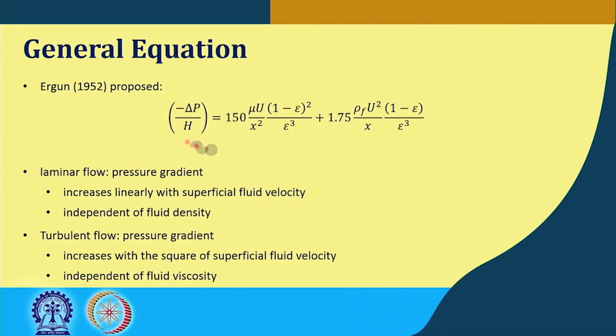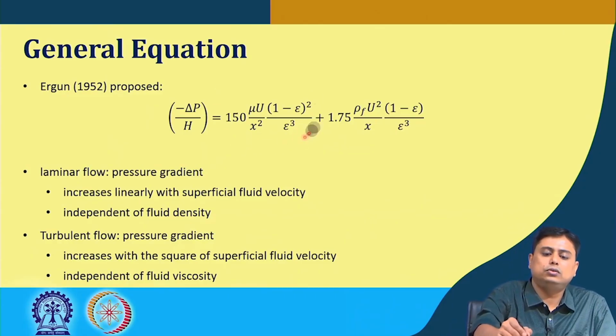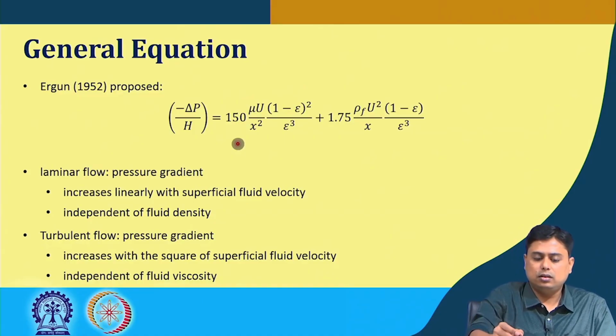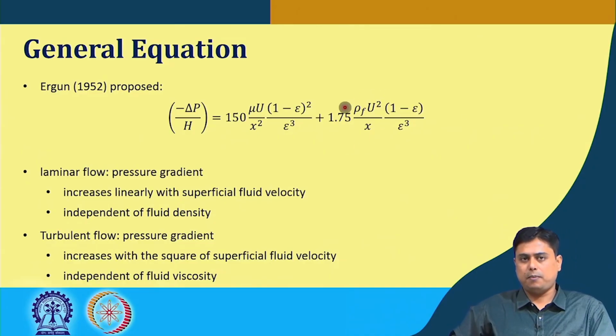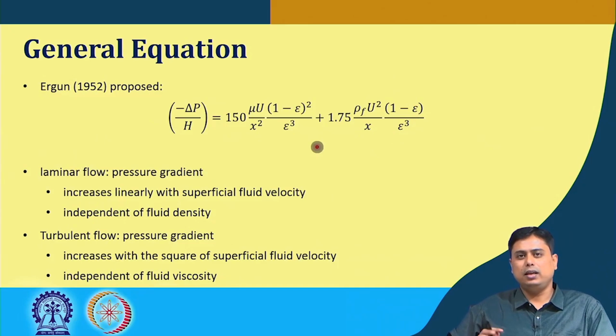That was the observation mentioned by Darcy, and this is completely independent of the fluid density. This part has no contribution of rho f, the fluid density. When there is turbulent flow, the pressure gradient increases with the square of the superficial velocity, and this part does not contain the fluid viscosity, which means it is independent of the fluid viscosity.